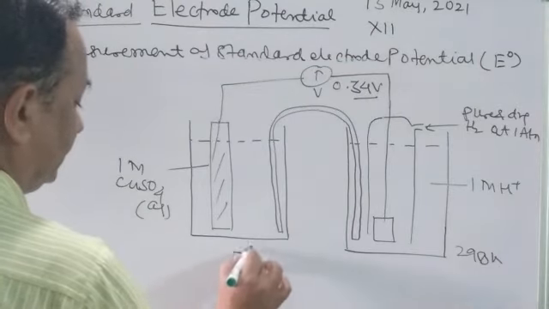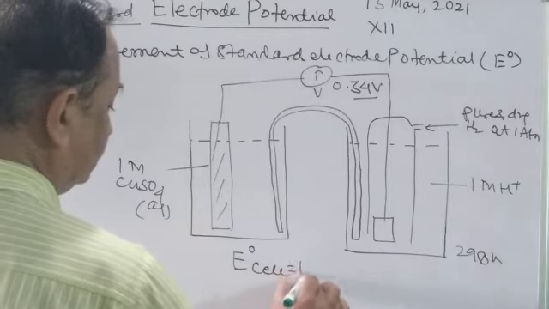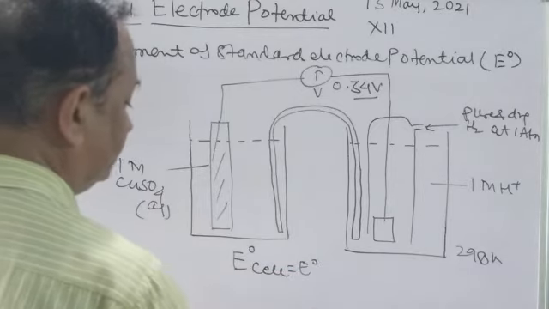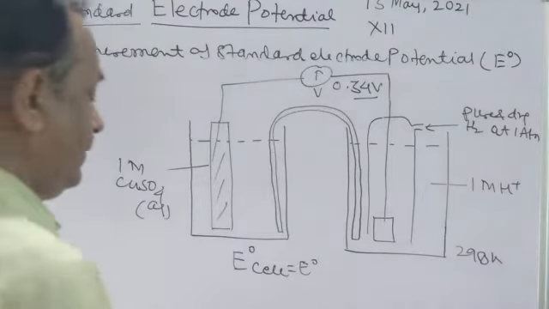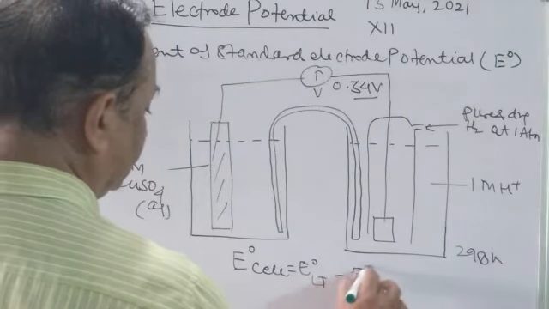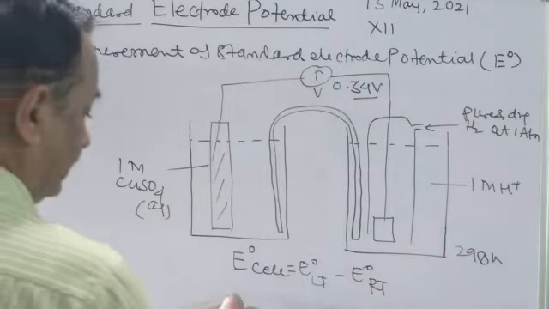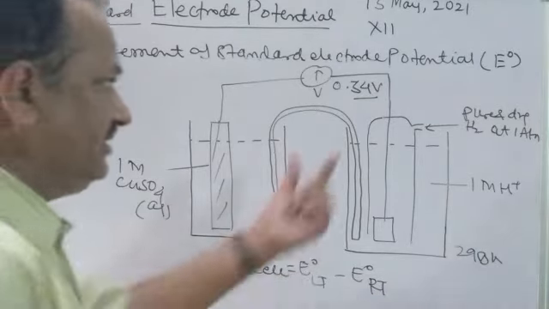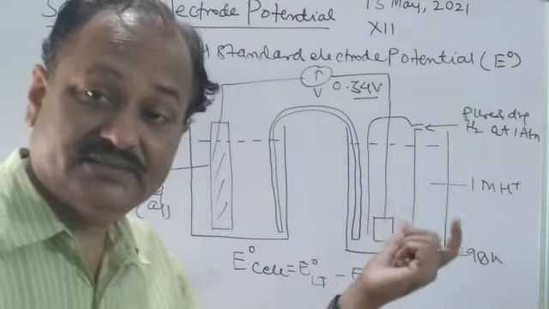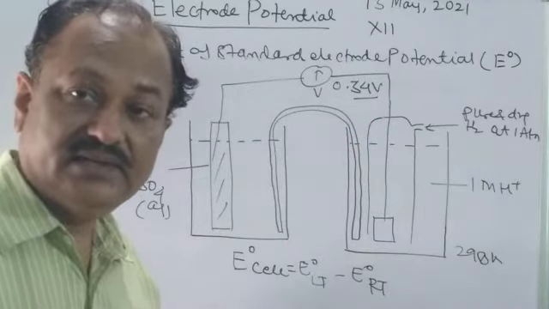And so we know the formula that E standard cell is equal to E standard left minus E standard right. So here it is E cell. This is the cell potential. This is the voltage, or E standard cell.